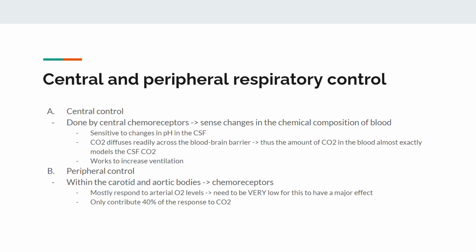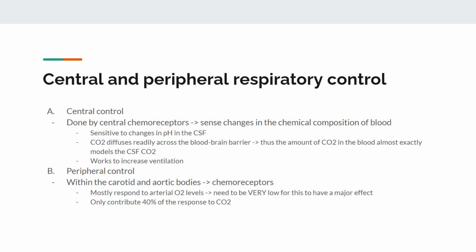You've then got your peripheral controls, and these are also chemoreceptors, found within your carotid and aortic bodies. Now, these mostly respond to arterial oxygen levels, so they're mostly responsible for oxygen. They do contribute a little bit to the CO2 response, but only about 40%. So the central chemoreceptors are the most responsive to CO2.